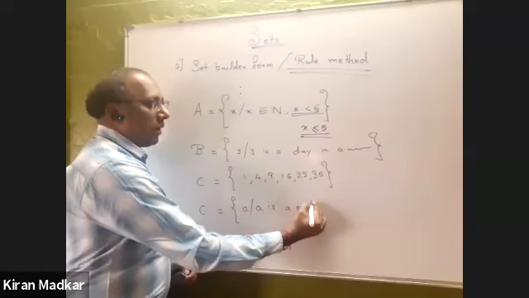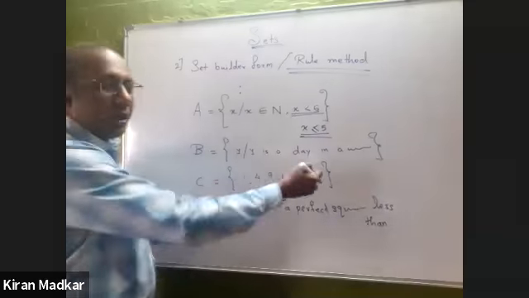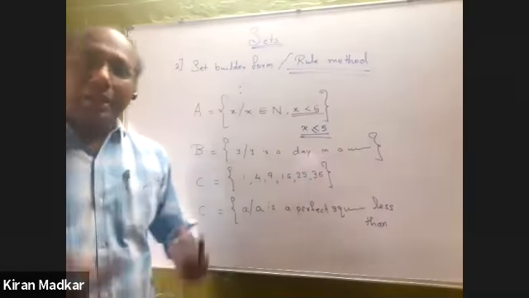perfect square less than 36... I have to go up to 36. So 36 is less than what? Someone says 37, the answer is right. Someone says 40, the answer is right. Someone says 49, that is right too. All three answers are right.